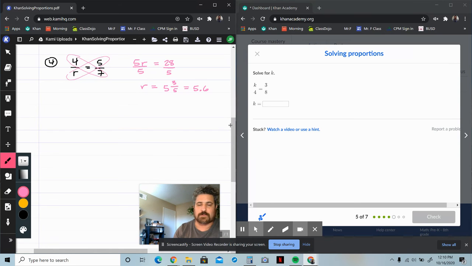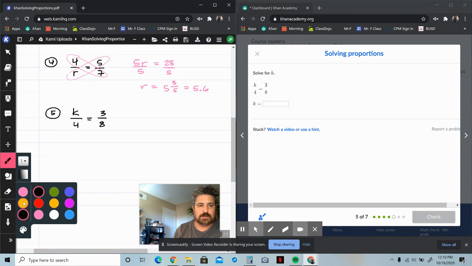Okay, next thing we're going to do is k over 4 equals 3 over 8. This is one of those nice and easy ones because there's a relationship on bottom that's very obvious. So for number 5, you've got k over 4 is equal to 3 over 8. I think we can all see that 4 times 2 is going to be 8. So k times 2 would be 3.